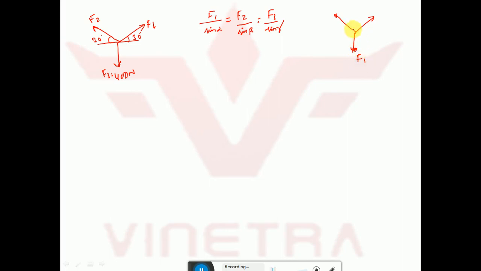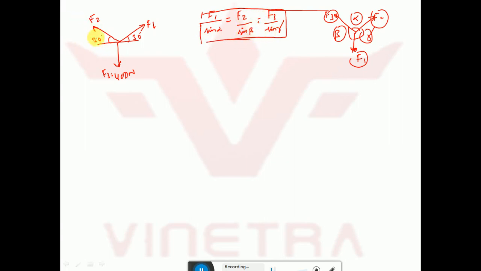So what was the diagram there? This one was F1, alpha, F2, beta, F3, gamma. So this is the force F1 and this is the opposite angle. This is force F2, that is the opposite angle. For force F3, this is the opposite angle. So using that we have developed this relation: F1 by sine alpha, F2 by sine beta, F3 by sine gamma.